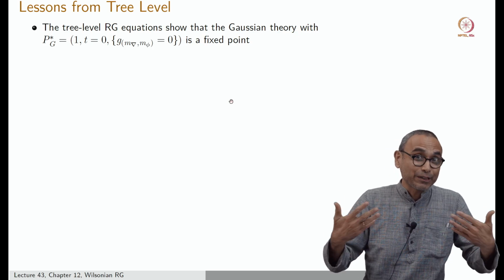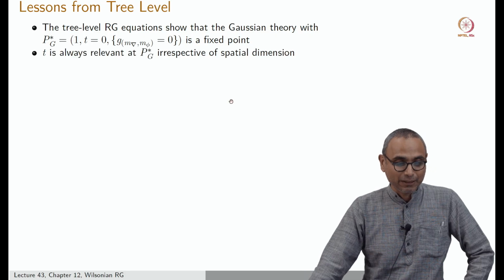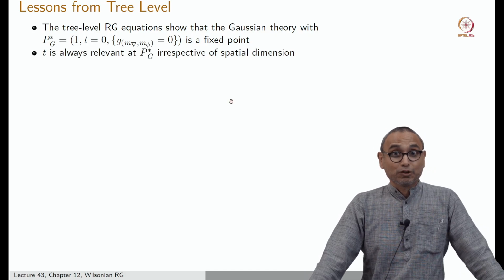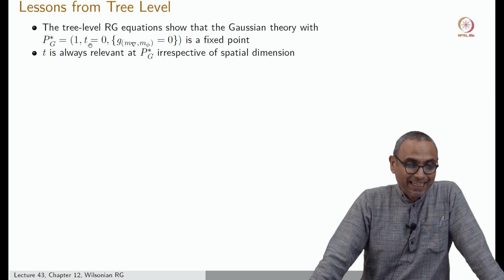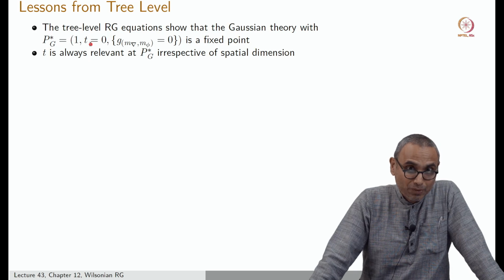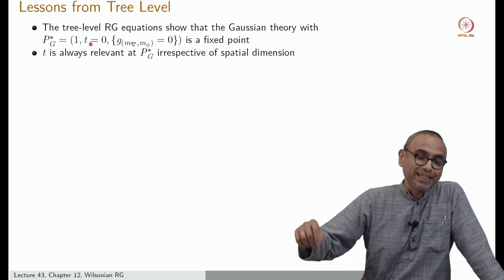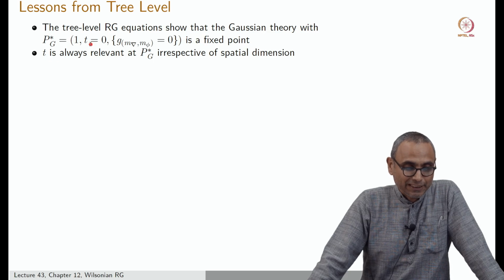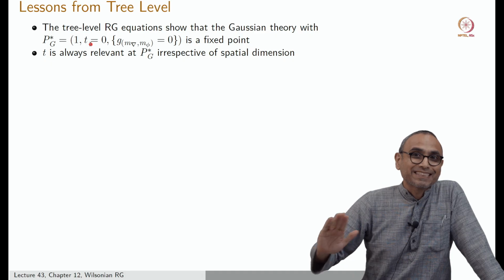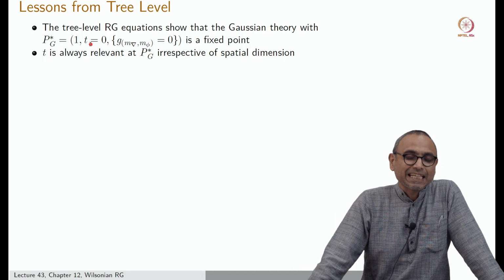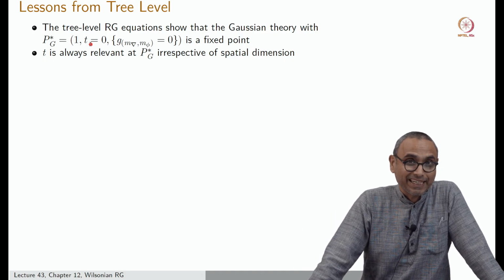Are they relevant or irrelevant? This is the question. So first point is, because the scaling dimension of t is 2, that is mu t is 2, exponent is 2, t is always relevant at the Gaussian fixed point, irrespective of spatial dimension or symmetry. Okay, so this is the first point.